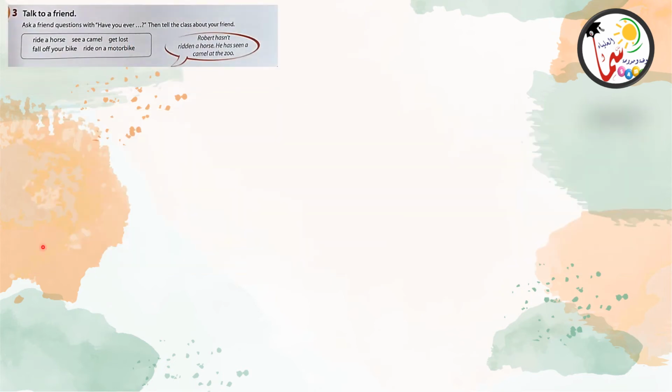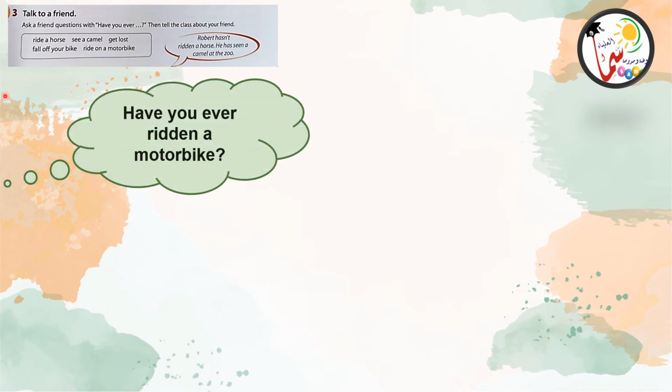Now we will go to exercise 3. You need to talk to a friend here. We have a number of phrases, and we want to ask a friend questions with have you ever? And then we want to tell the class about our friend. I'll give you here one example. Have you ever ridden a motorbike?